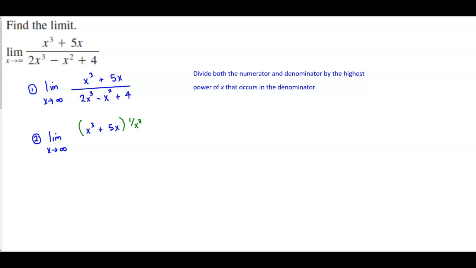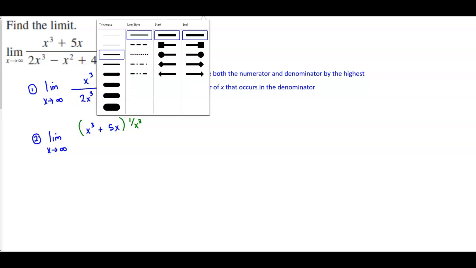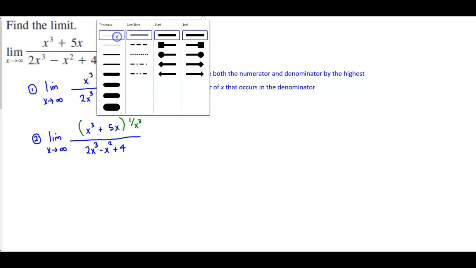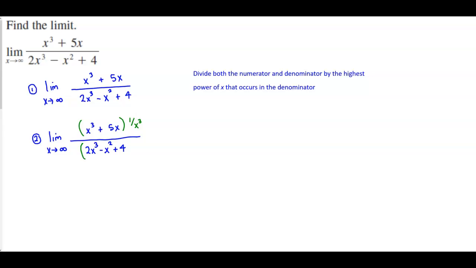So dividing is the same thing as multiplying it by 1 over x cubed. And we're going to do the same thing in the denominator. So we have 2x cubed minus x squared plus 4. And we're also going to multiply the denominator by 1 over x cubed.